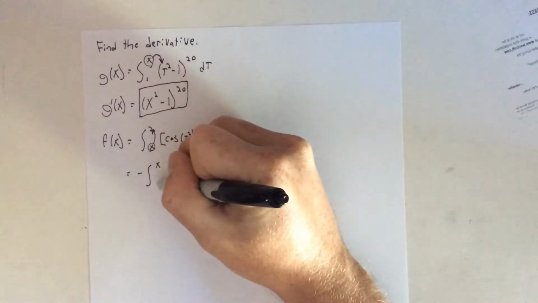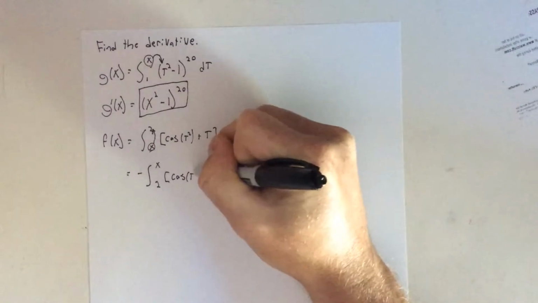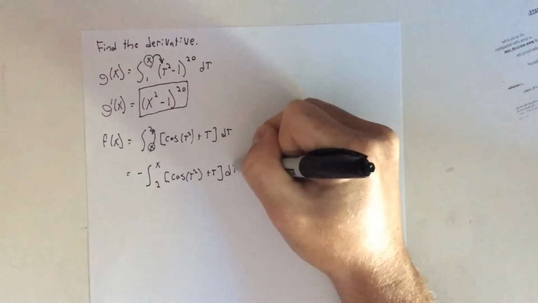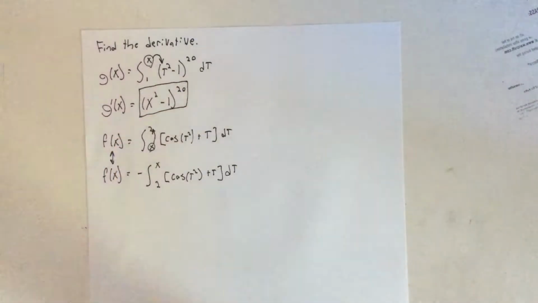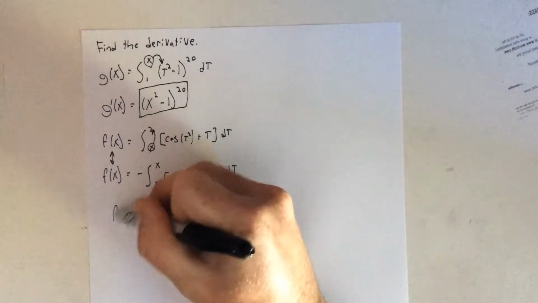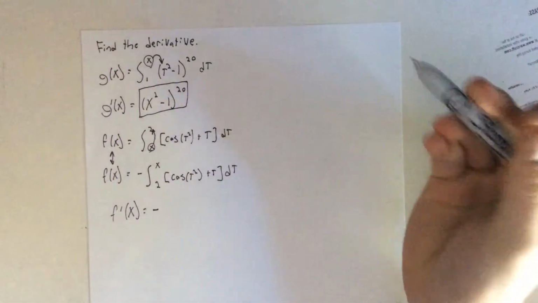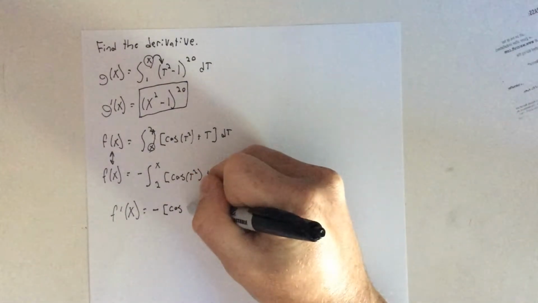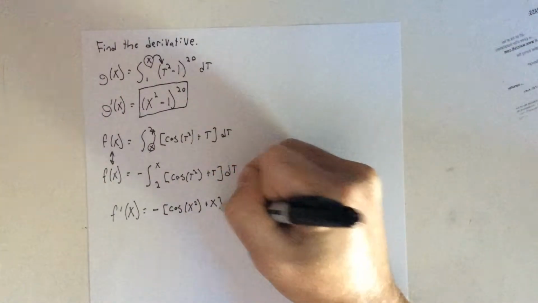So x comes up here, the 2 comes down here, and then we just still have all this stuff, and this is the exact same as that. And then once you have this, you can just plug it in again, just like last problem. So the derivative is equal to, we just have to put the negative out front, and then you have cosine x squared plus x.